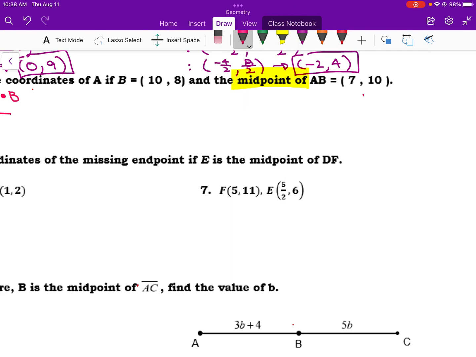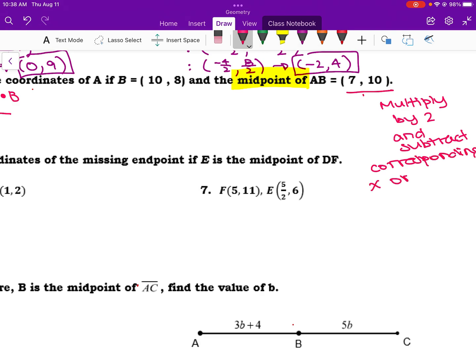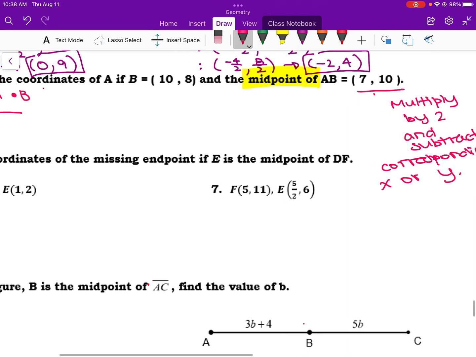In order to get these two numbers here, we had to add two numbers together and divide by 2. So the opposite would be to multiply by 2 and subtract the corresponding x or y, depending on which value we're looking at.